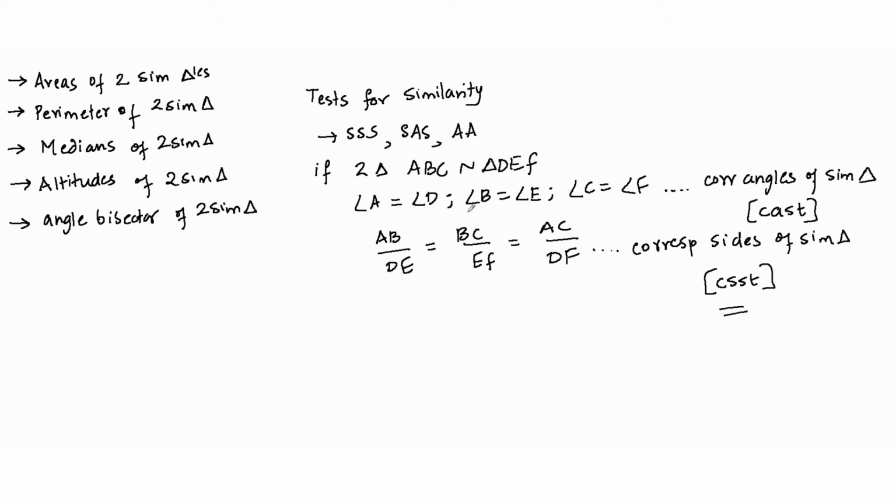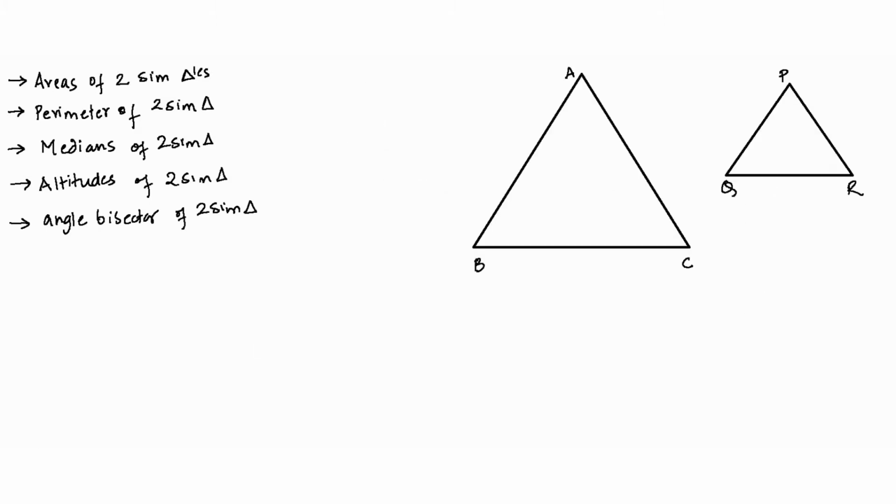Therefore, these are some important concepts of similarity that we will be using to investigate the properties that we want to discuss in the video today. Okay, so let's now start with two triangles which are similar to each other. In the figure shown over here, there are two triangles.